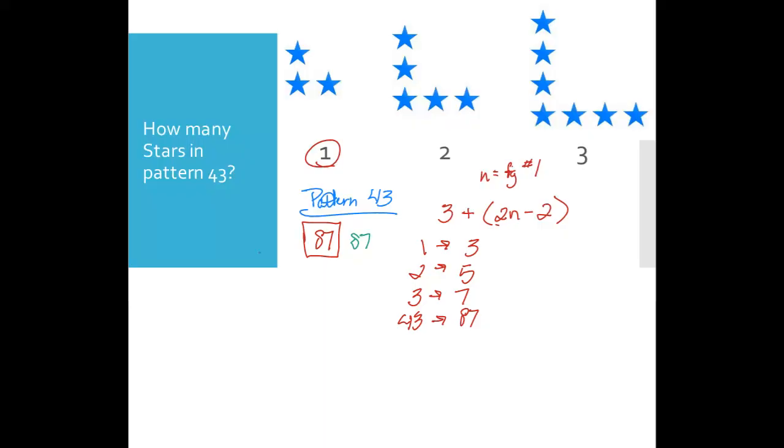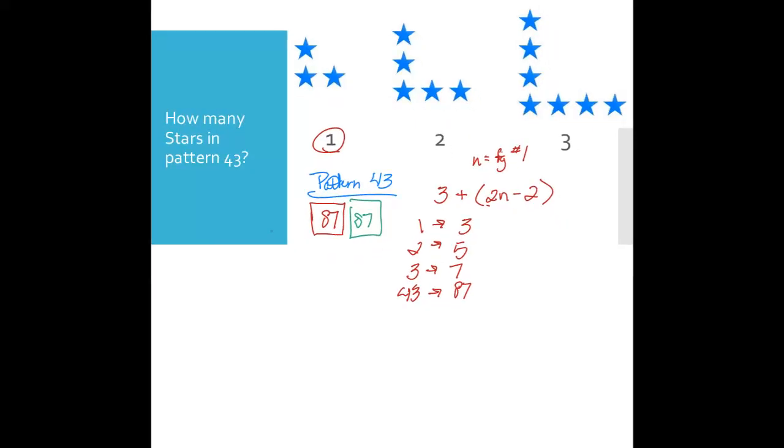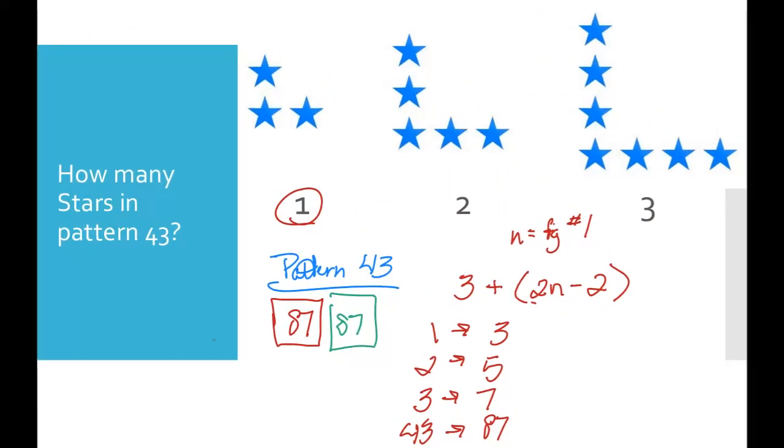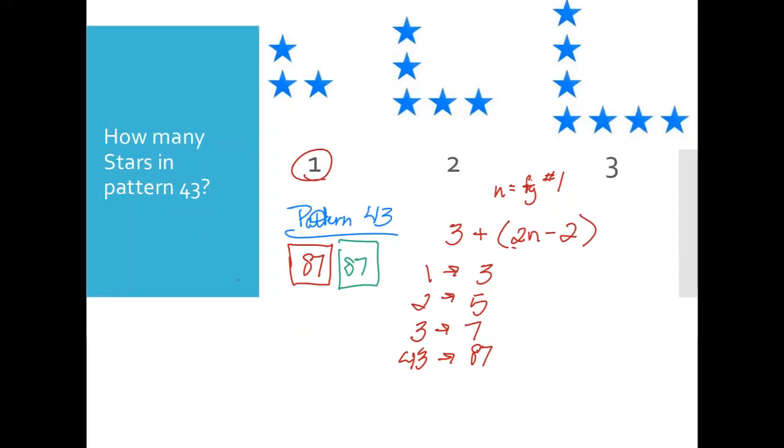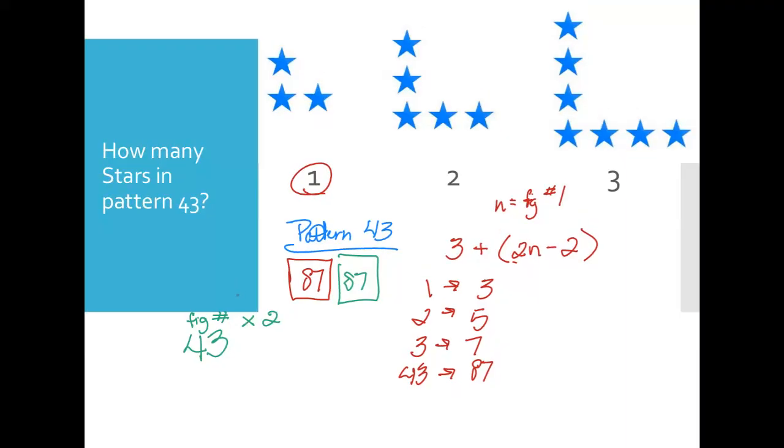Damari, you gave 87 also. Did you use that same method? Okay. What did you use, or what did you see that gave you that answer? So he said he took the figure number, multiplied it by 2, and then did what?